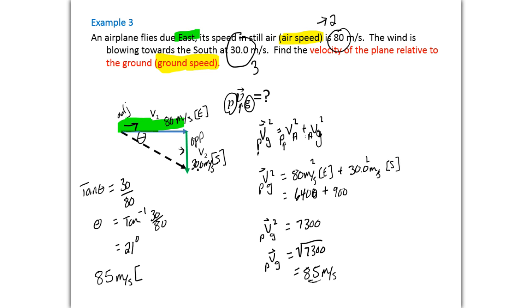So you're heading east and you're blown off course by the wind, and you're blown off course by 21 degrees, and it's taking you south. So there you are.